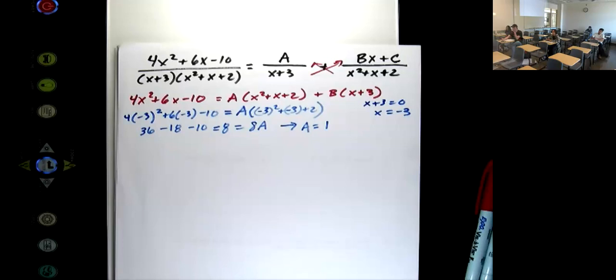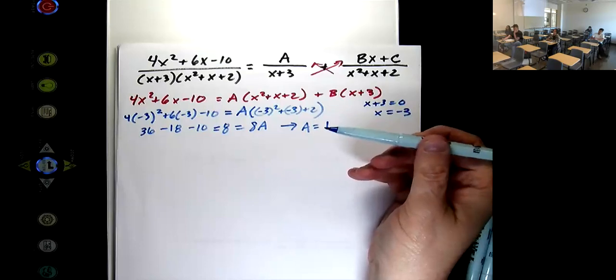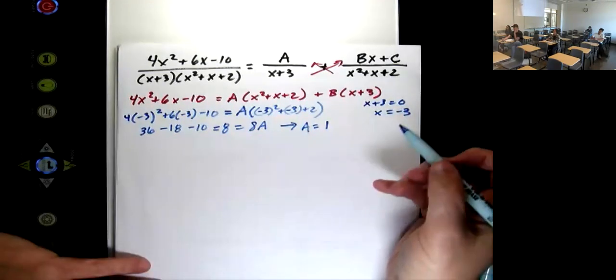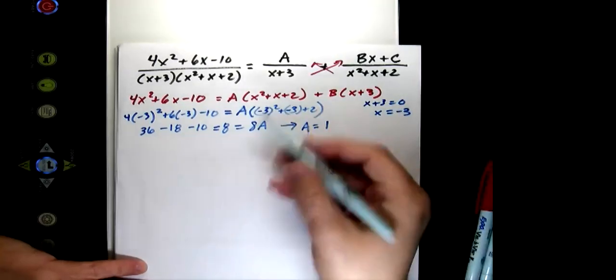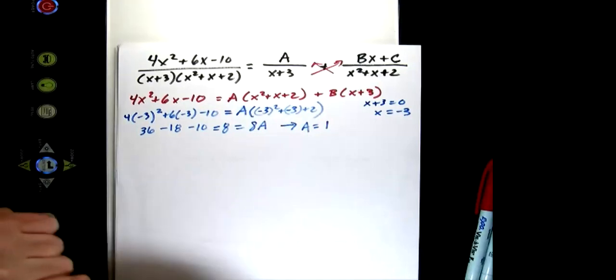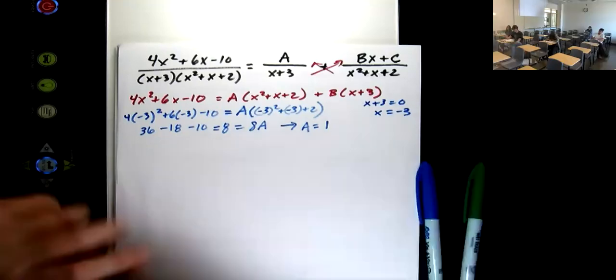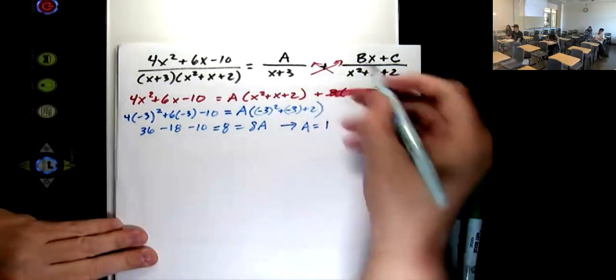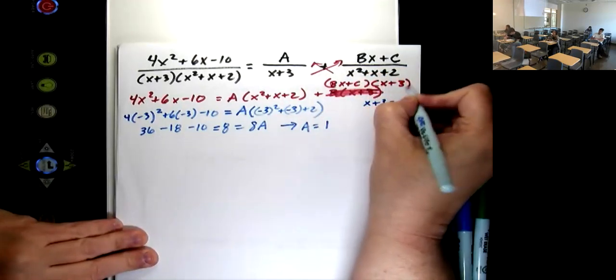Something doesn't feel right. Maybe I'm just tripping. All right, so now we need to find b. Wait, so when you did the cross multiply, you multiplied the x plus 3 just times the b? Oh, I messed that up. That's why I'm tripping out. This is bx plus c times x plus 3. Thank you.